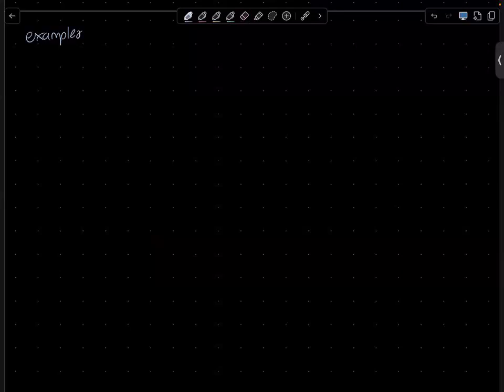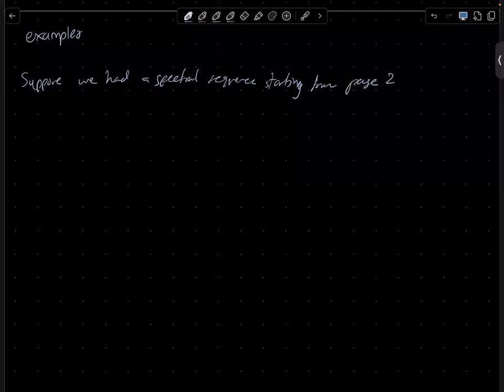So this first example is going to be the 2-column example. Suppose we had a spectral sequence starting from page 2, and it converges to H star.